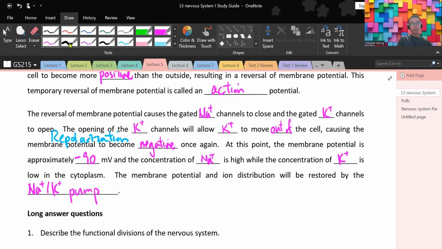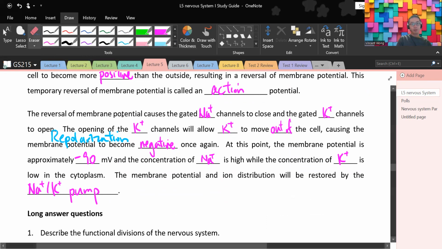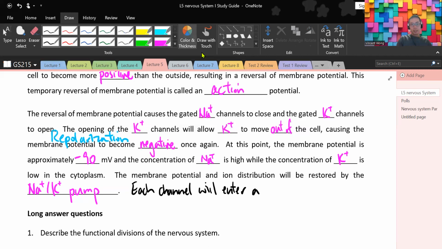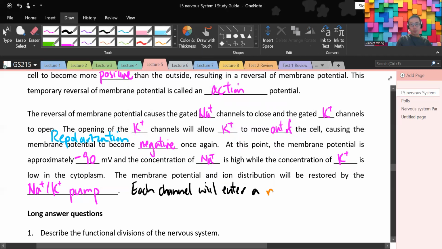Now I have another thing that I forgot to mention in the tutorial. Each channel will enter a refractory period after closing.